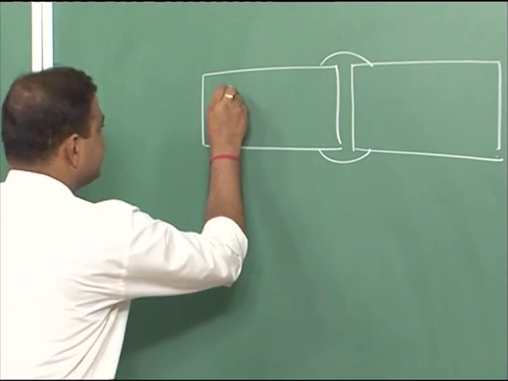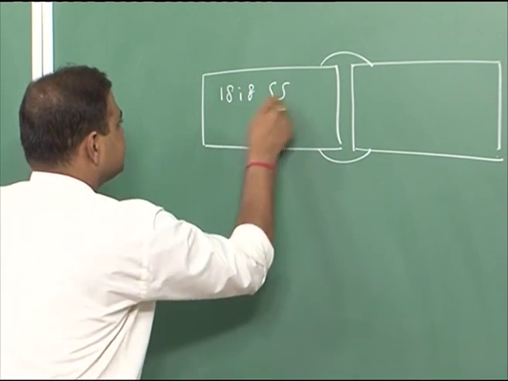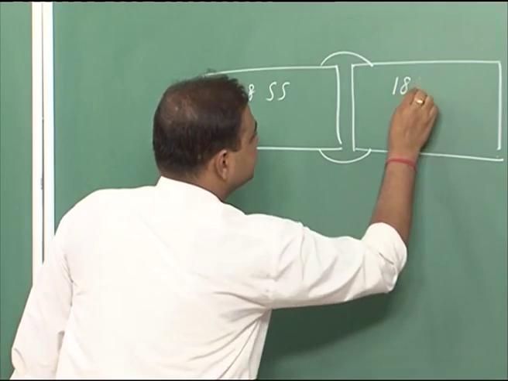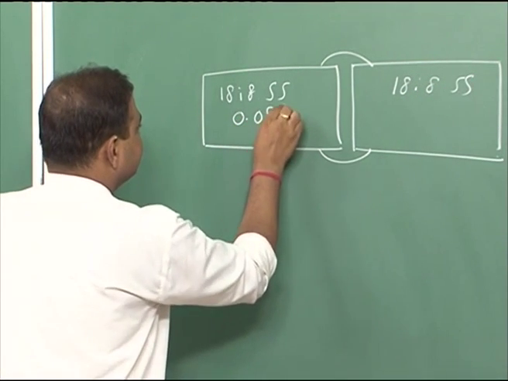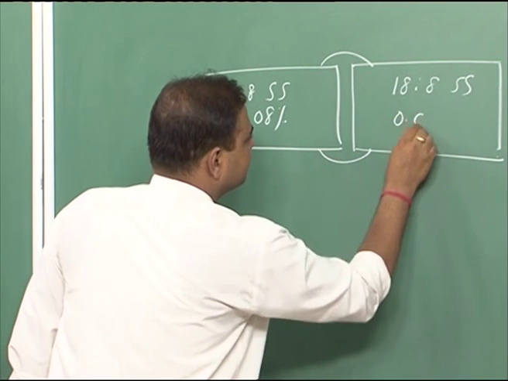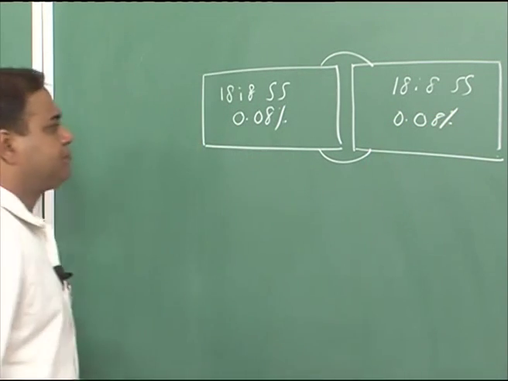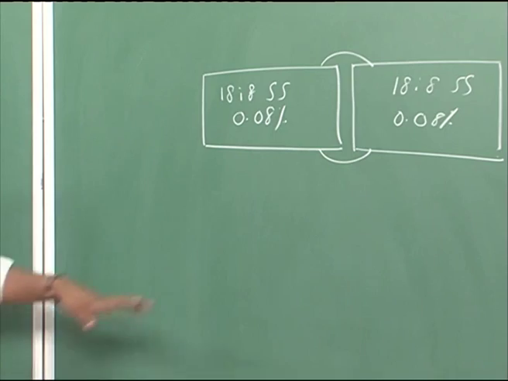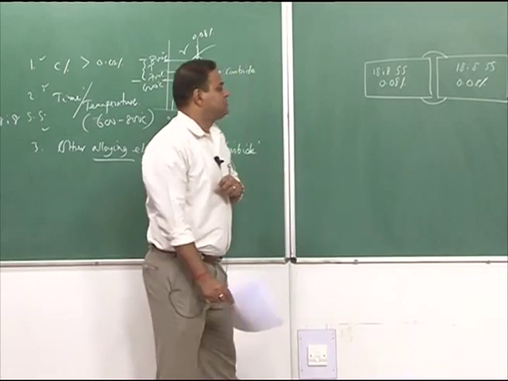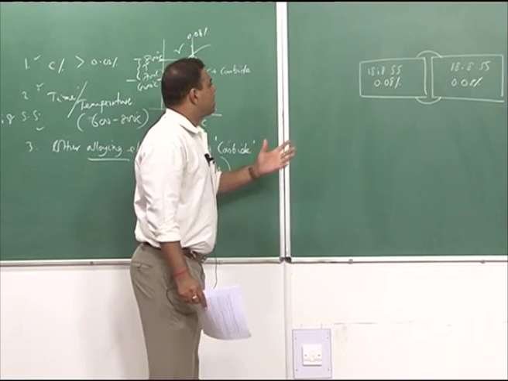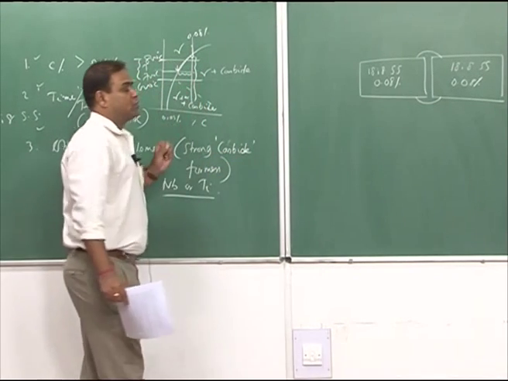Now, this is also 18/8 stainless steel and this is also 18/8 stainless steel, and let us say the carbon content is 0.08% here and here also 0.08%. Let us say these two stainless steel blocks have no carbide precipitation along the grain boundary.